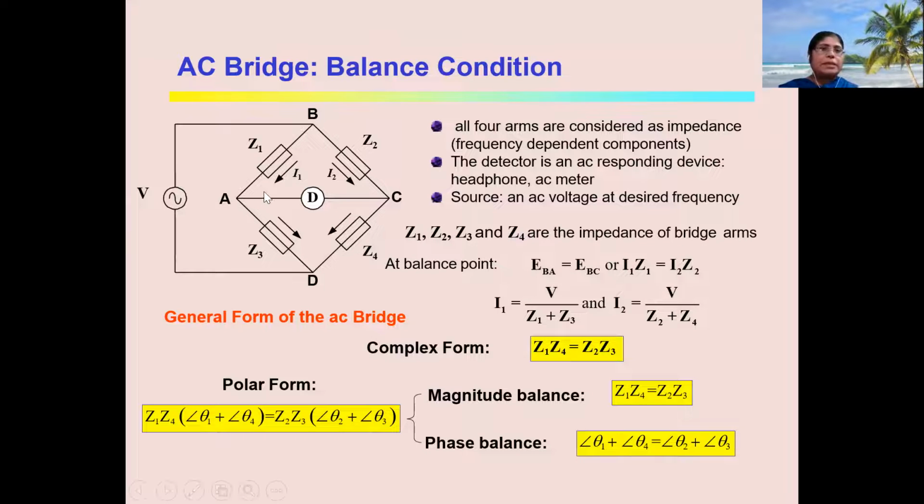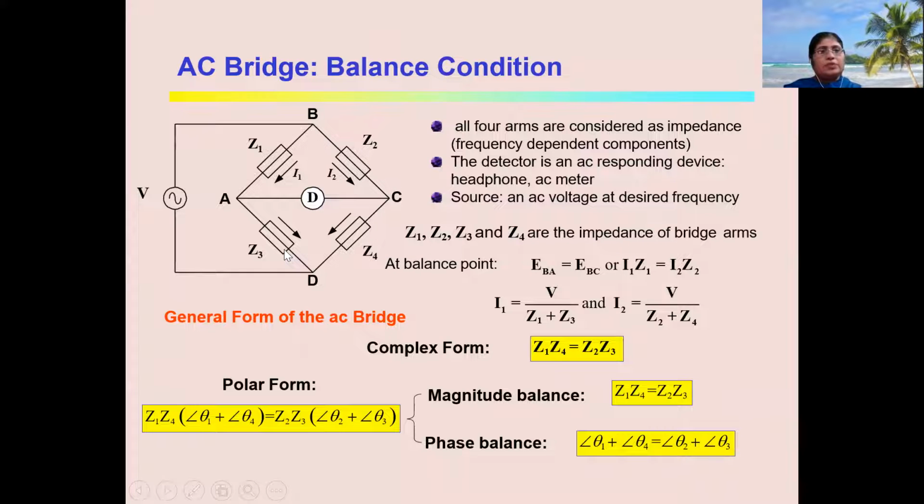So I can apply the balance condition. The balance condition is that the product of the opposite arms must be equal. The first pair of opposite arms is Z1, Z4, and the other pair of opposite arms is Z2, Z3. So this must be equal. The product of opposite arm impedances must be equal, that is Z1 Z4 equal to Z2 Z3.